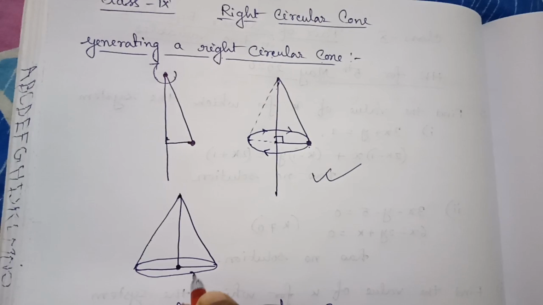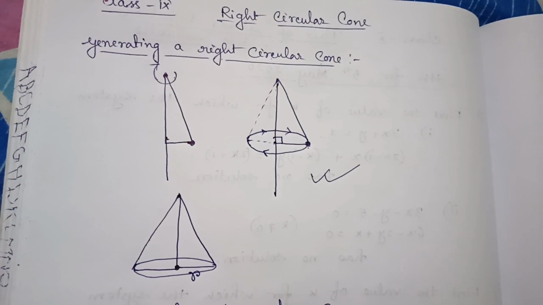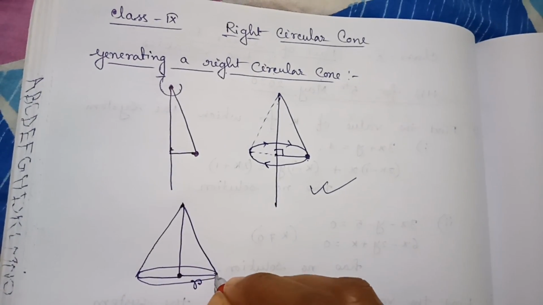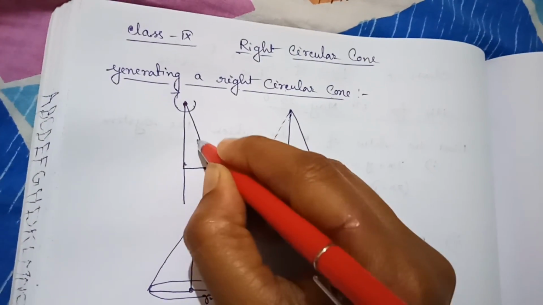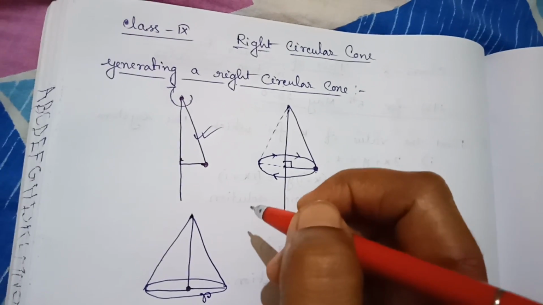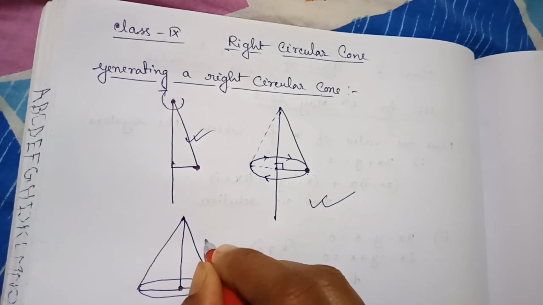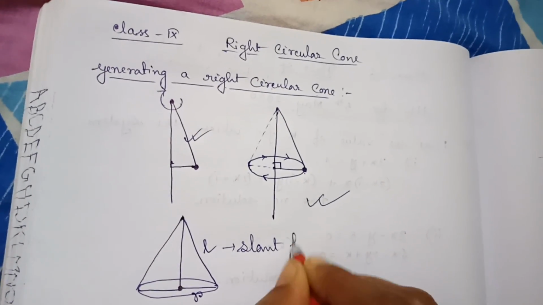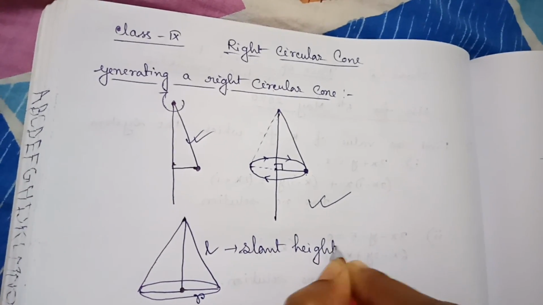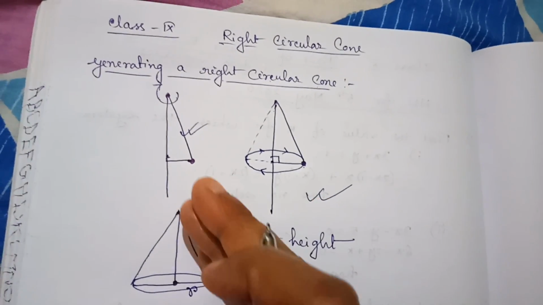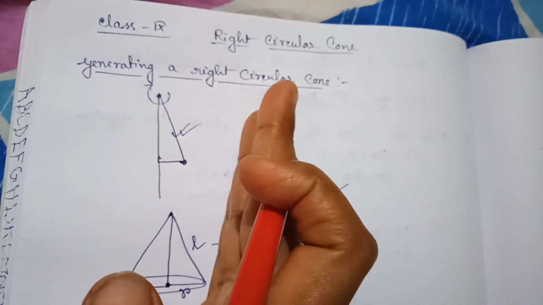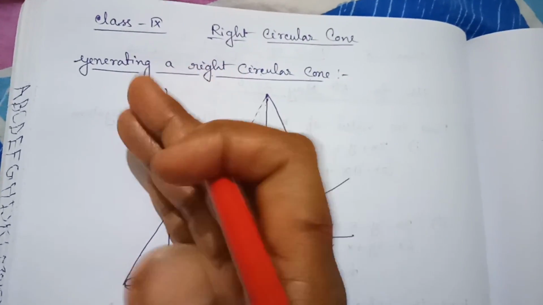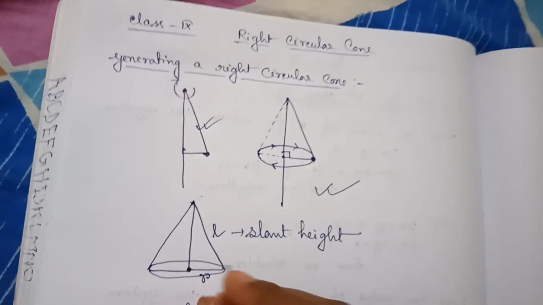So we need to know that the circular base's radius will be noted with r. This oblique side, that means the hypotenuse of the right triangle, will be called l, that is slant height, because it is not perpendicular, a little bit oblique, inclined, that's why slant height.